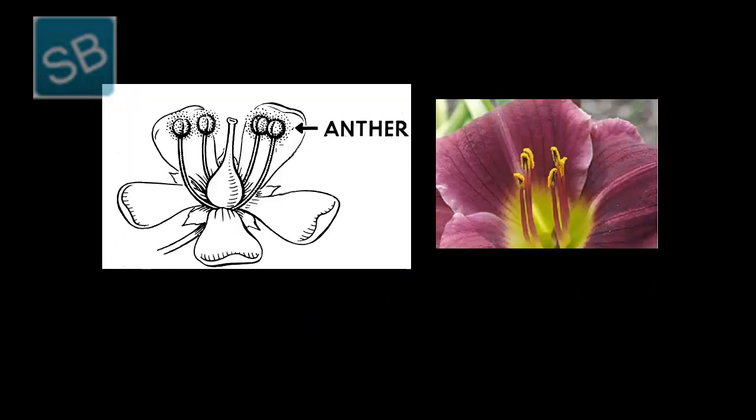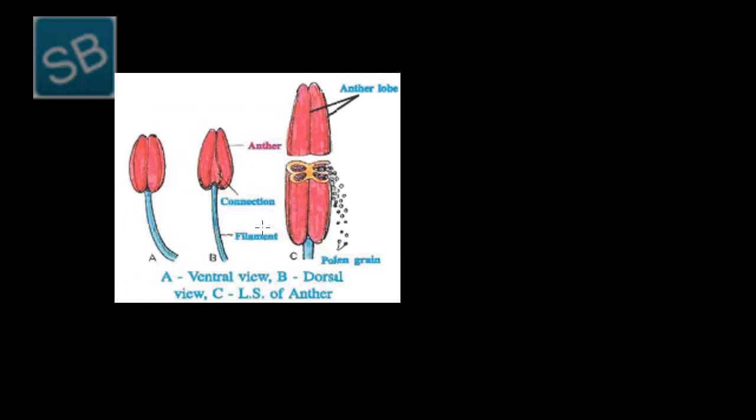This figure shows the structure of stamen, that is, the tip portion located here is known as anther. This long elongated structure is known as filament, and the connective is the portion which connects both the anther and filament. Now this figure shows a typical structure of anther where both the ventral and dorsal section have been shown.